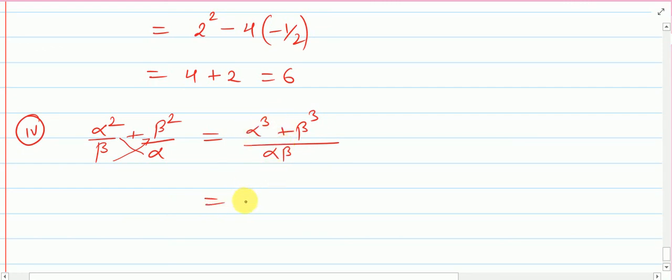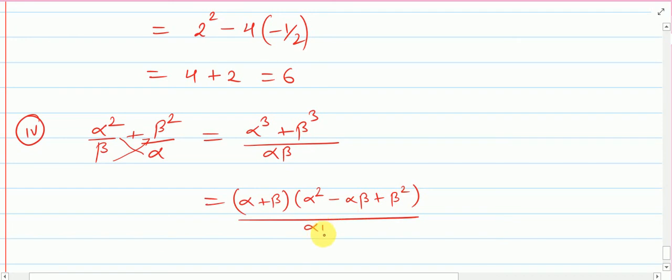Now this numerator can be written as alpha plus beta times alpha square minus alpha beta plus beta square, and down alpha beta, since a cube plus b cube is equal to a plus b, a square minus ab plus b square.